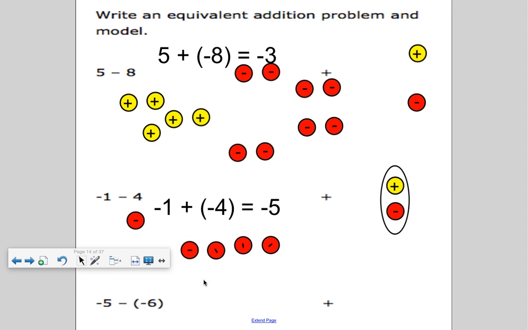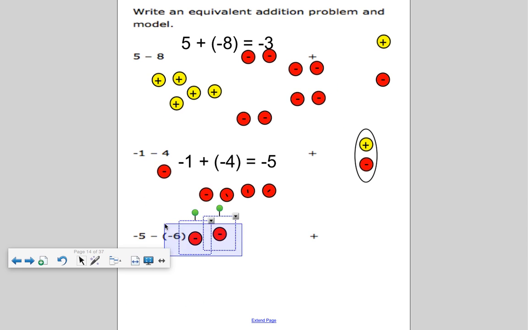And last but not least, I have 5 negatives. Let me extend my page. So I have 5 negatives. I need to take away 6 negatives. Do I have enough to take away? No, I do not. So I need to draw some 0 pairs.